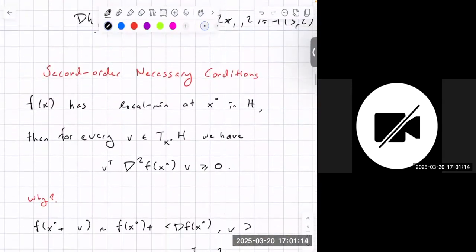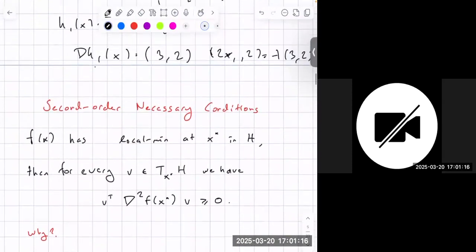All right. So this was the first order. We also have a second order necessary condition. Let me introduce that to you. If this function has a local minimum at a point, and let's say that point is in your domain H, then you look at every direction in the tangent space of your domain, all these velocity vectors.